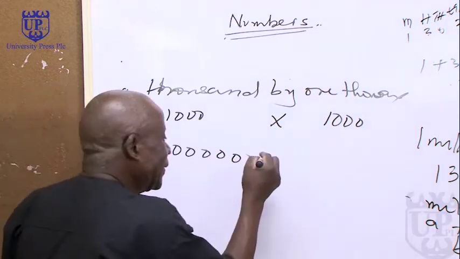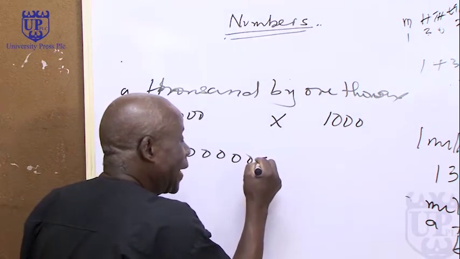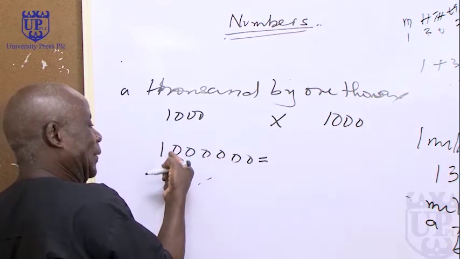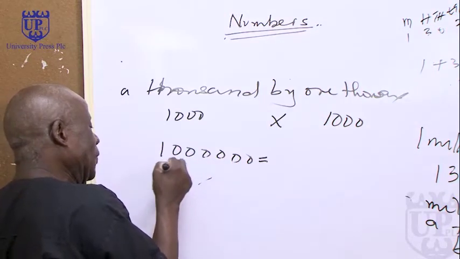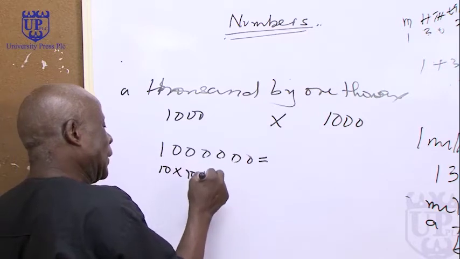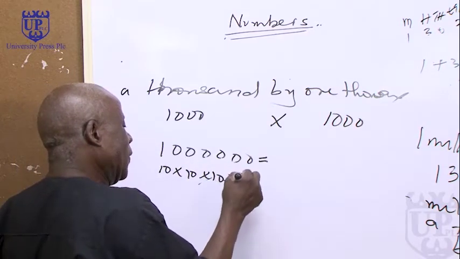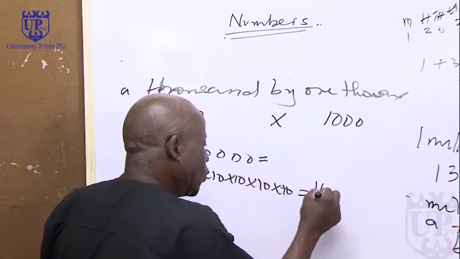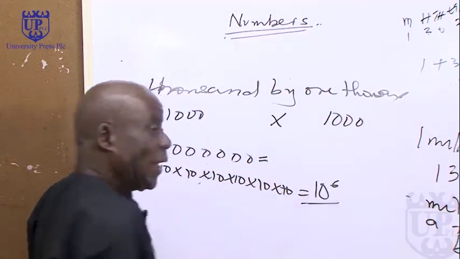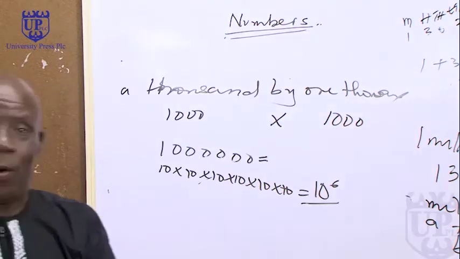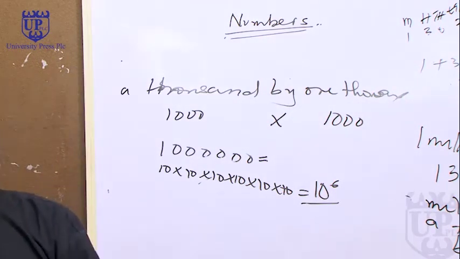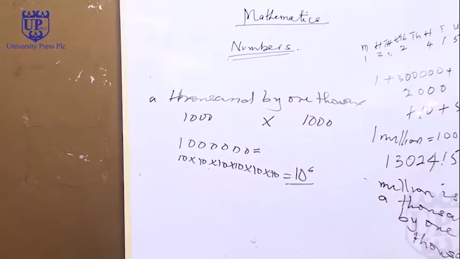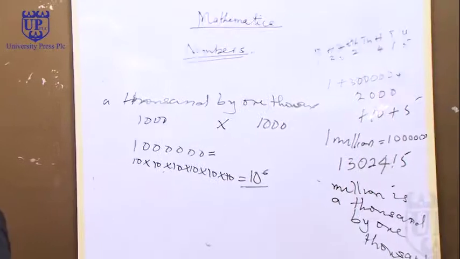And by the time you get to standard notation, you say 1, 2, 3, 4, 5, 6. It is 10 by 10 by 10 by 10 by 10 by 10. And it's the same thing as 10 raised to power 6. Please take note. A million is 10 raised to power 6. That is large number.